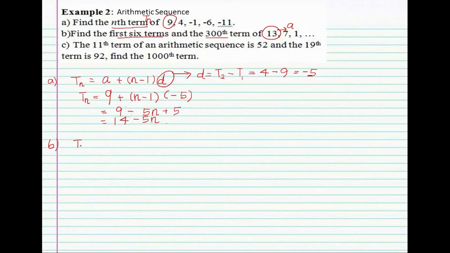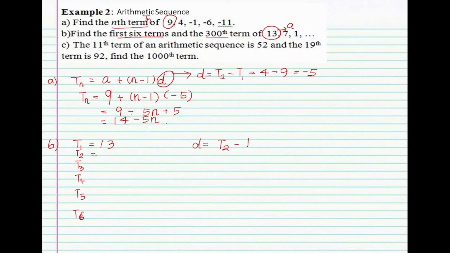But firstly, we have to find the first 6 terms, T1, T2, T3, T4, T5 and T6. T1 is the first term. Simply write down 13, and to make it easy we find the D first.